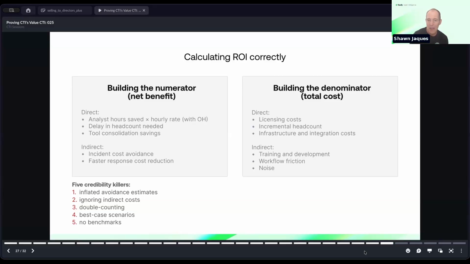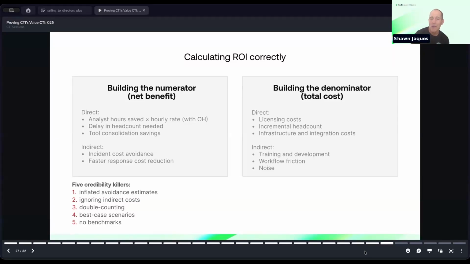Same thing with the cost side. You're going to have licensing costs. You might have incremental headcount, or an impact on another team. So if it requires a security architect to create an implementation or an integration with another tool, then that's a cost that should be included in the direct cost of it. There are other things like indirect costs.